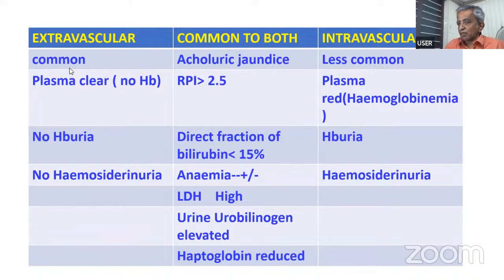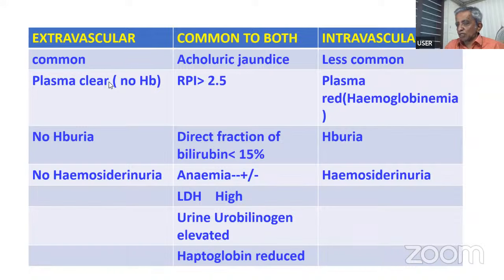It is very common, whereas intravascular hemolysis is less common. Now the plasma will be clear. Centrifuge the plasma without producing in vitro test-tube induced hemolysis. The test tube has to be completely dry, otherwise it will induce hemolysis. We have to be very clear about it. Collection has to be very proper. So it will be very clear, otherwise it will be red in color because of hemolysis.